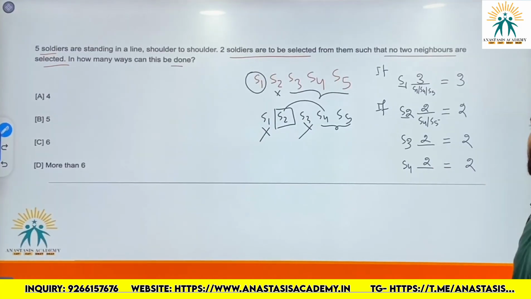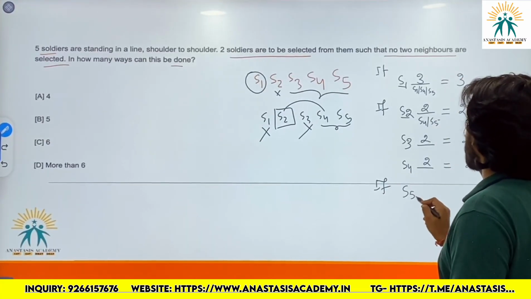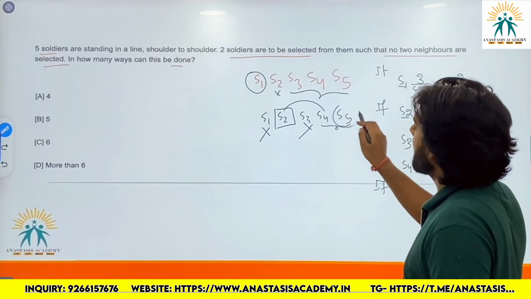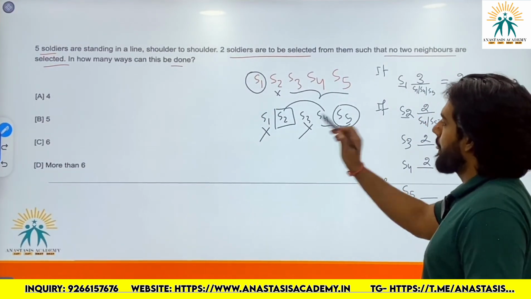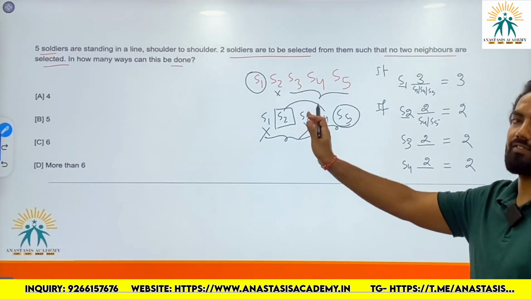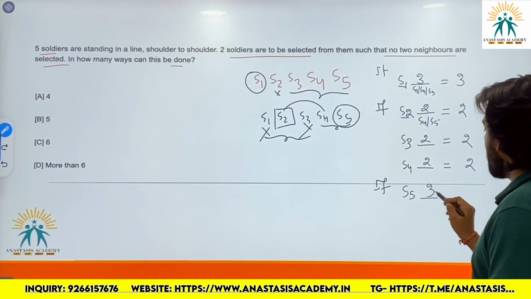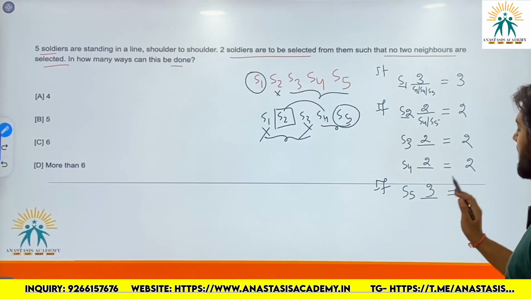So 2 ways are possible when S4 is selected. And last case, if S5 is selected at first, then S4 cannot be selected, then I can choose one soldier among S1, S2 and S3. So total number of ways to fill this position is 3.